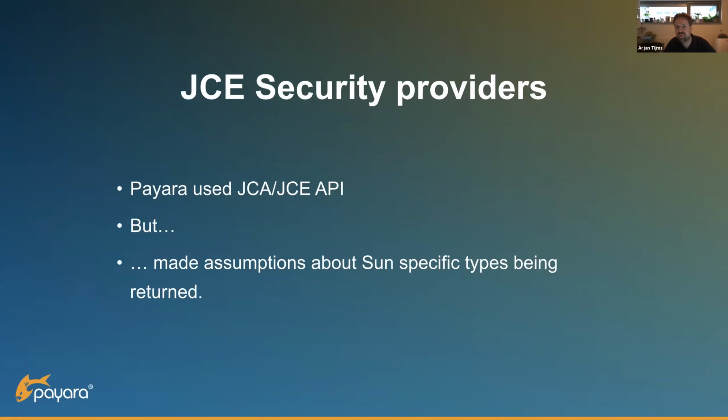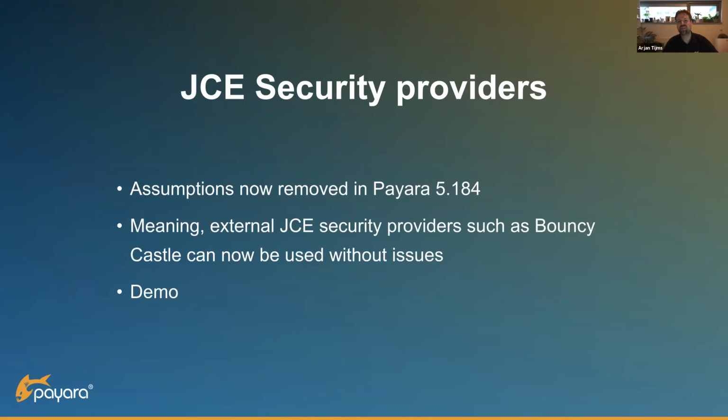It doesn't work so well when you plug in something else that returns a different type. So all these assumptions have now been removed in Payara 5.1.4, and the code only uses the default types, the interfaces, the standard types from the JDK, nothing else.